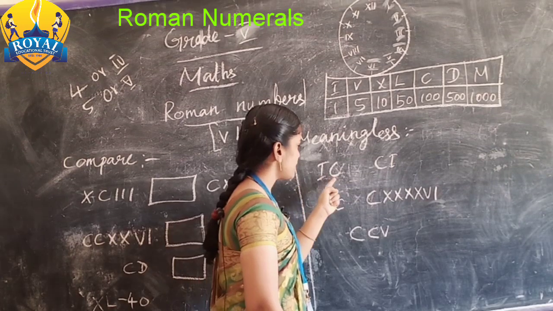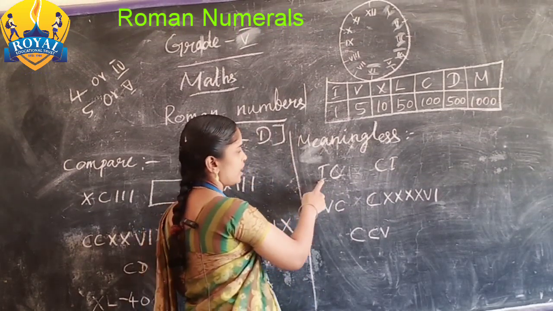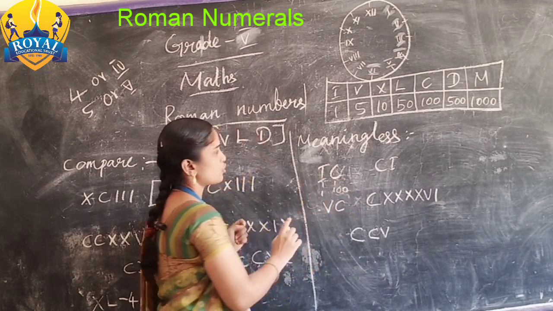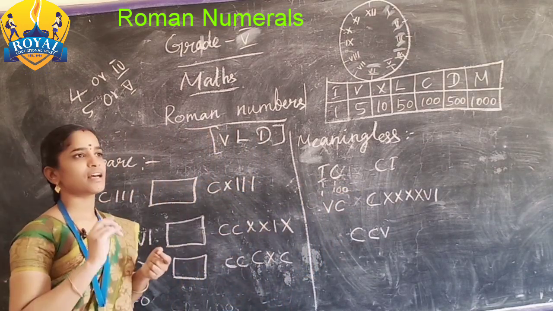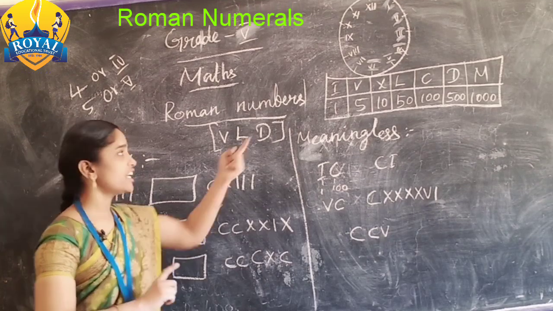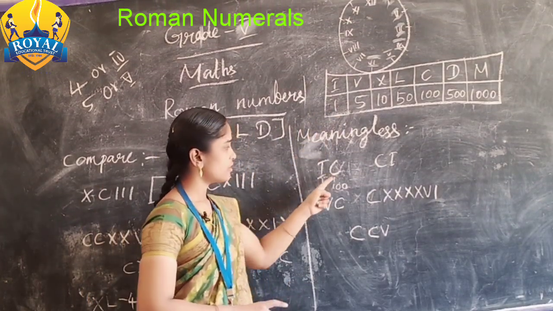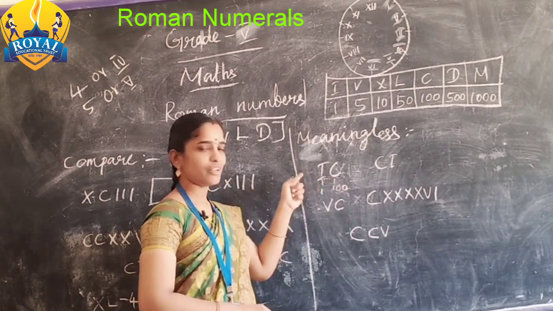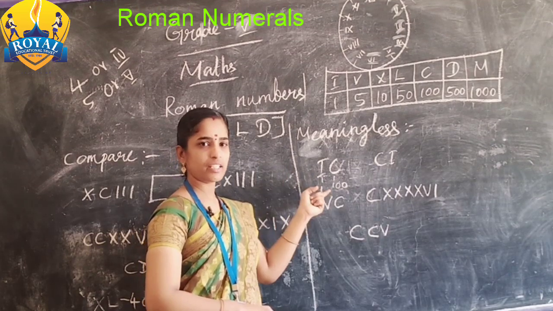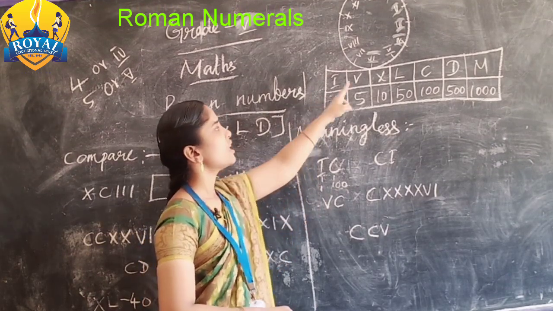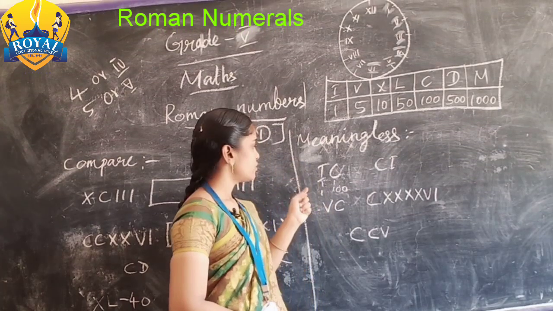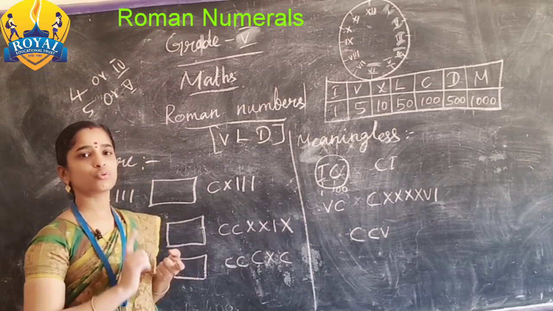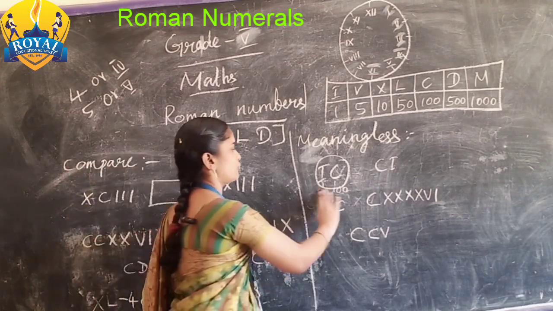Here, I is 1 and C means 100, and I is subtracted from V and X only, not others. So this is meaningless. You check the rule and then find out.